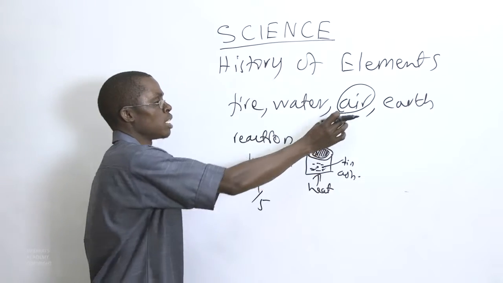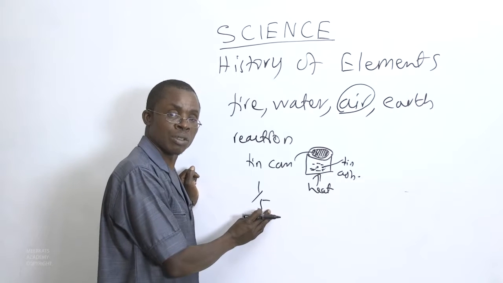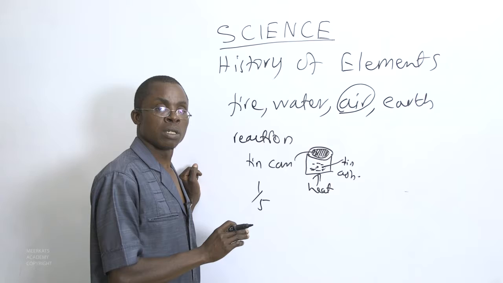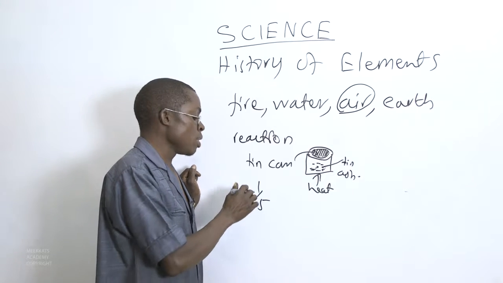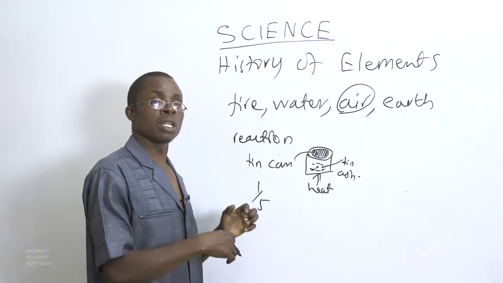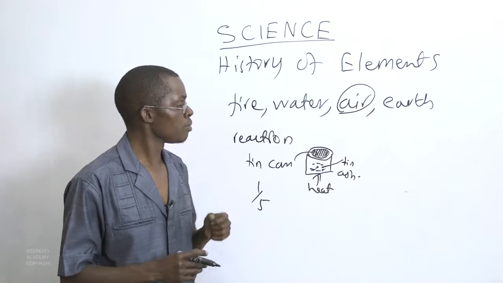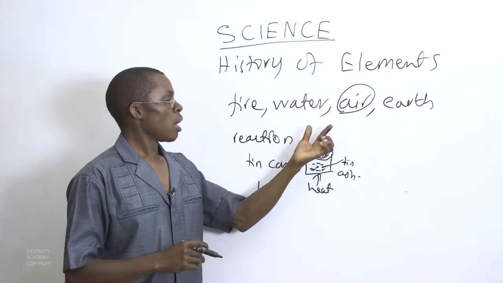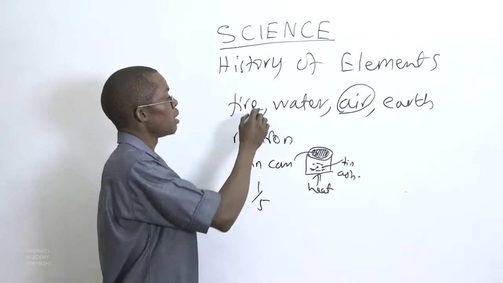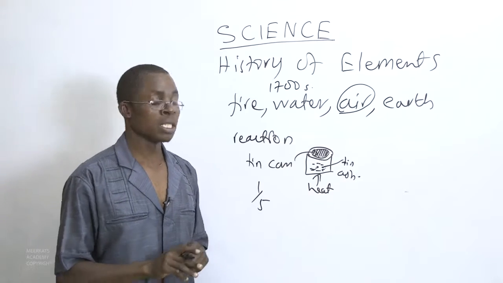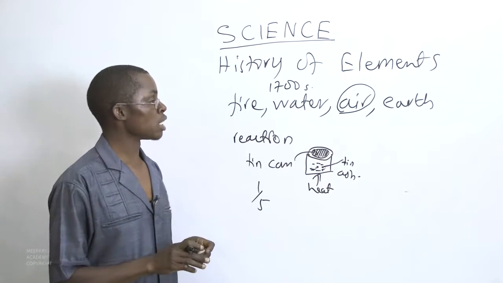Because part of it had been used in a reaction and part of it was left. Meaning that the one that was used in a reaction is totally different from the one that had been left.